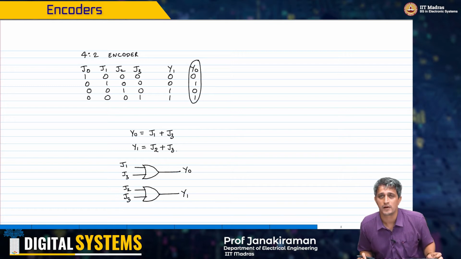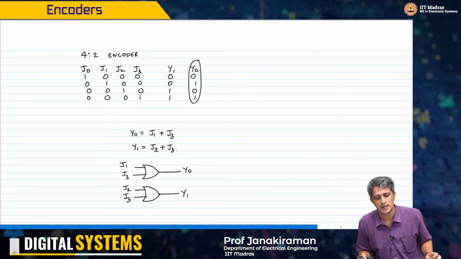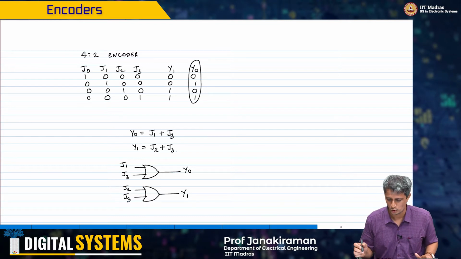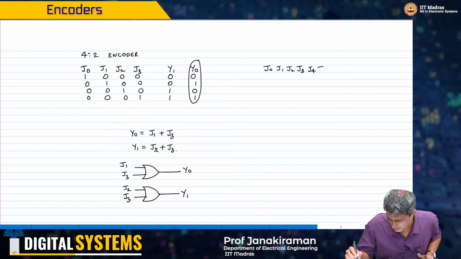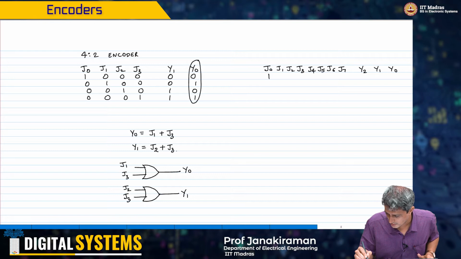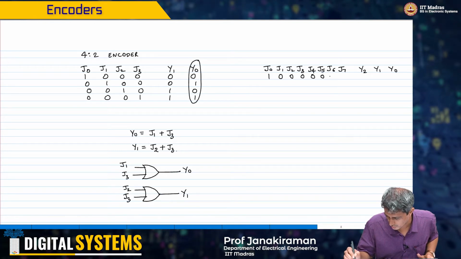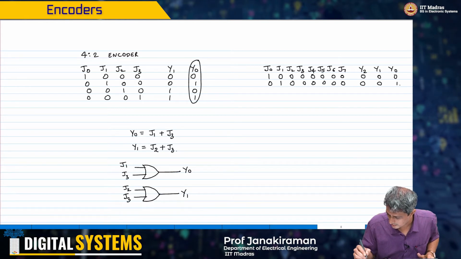Now this can be extended even to an 8:3 encoder, right? You just have to have 8 inputs, and depending on the input combination. So let's just maybe write that down: J0, J1, J2, J3, J4, J5, J6, J7, Y2, Y1 and Y0. Okay, so if this is 1 0 0 0 0, then we are talking of 0 0 0 0 1, 0 0 0 0, 1 1, right?